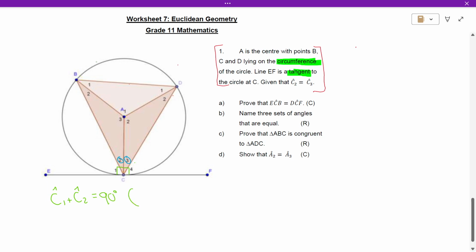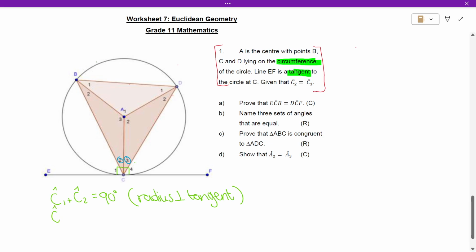And again, the reason we used for that is radius is perpendicular to the tangent. So that is already what we drew in. We're just stating it in words. Important that we state in words what we're drawing.